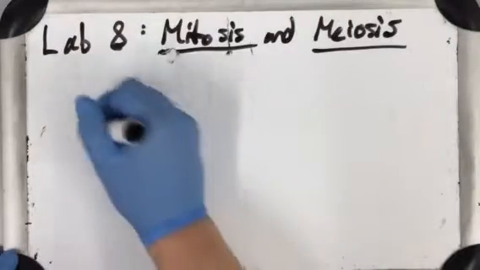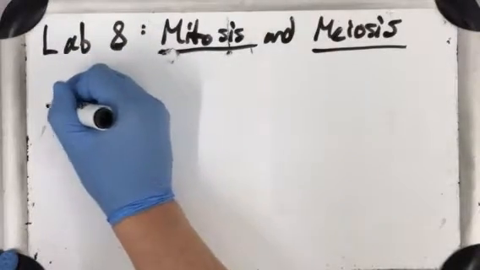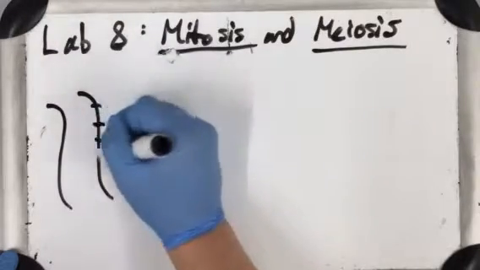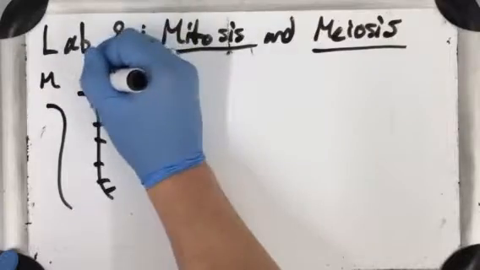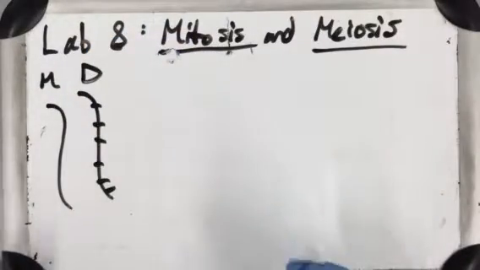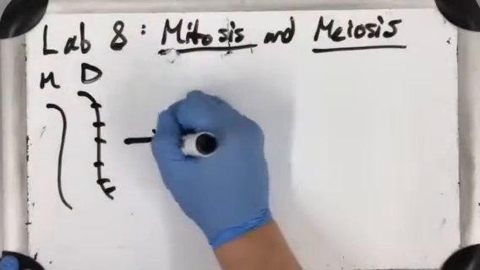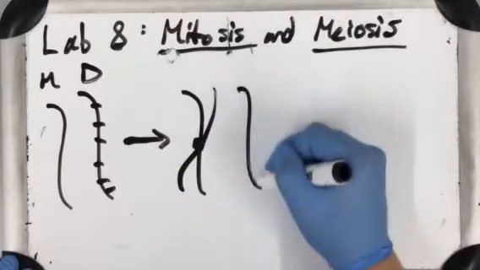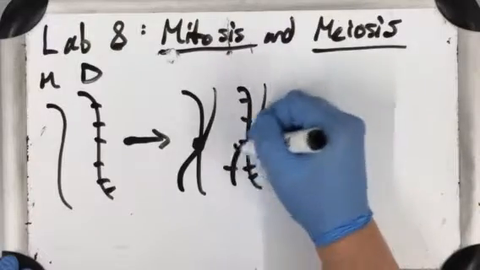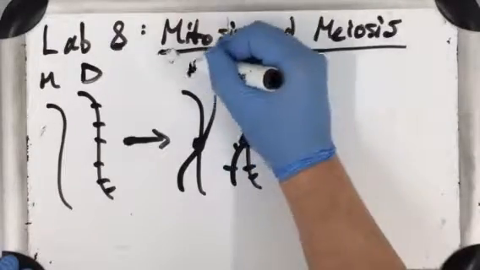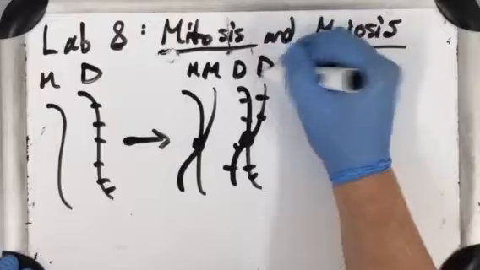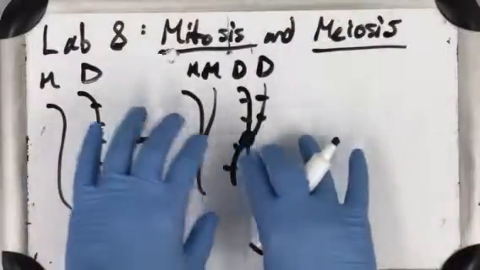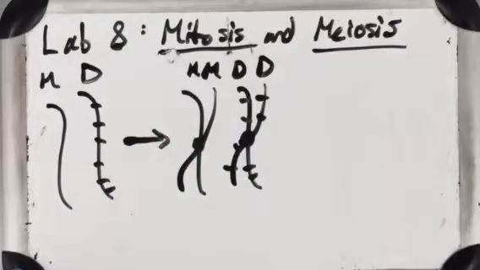So the basic idea with mitosis is that, for a single chromosome pair, so this is the same chromosome, you have one from mom and you have one from dad. So you have a pair of chromosomes. Preceding mitosis, the one from mom is doubled, the one from dad is doubled. So now you have 4 total of the same chromosome, even though you have 2 variations, remember, maternal and paternal.